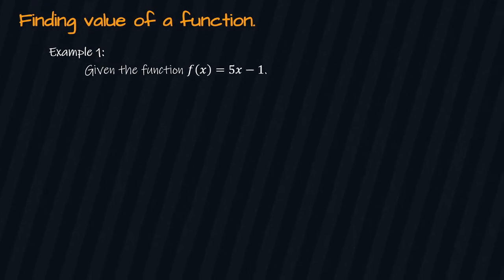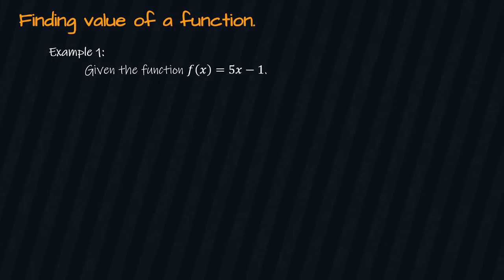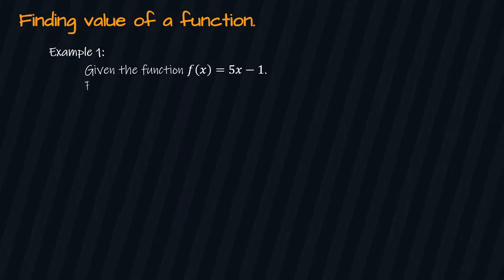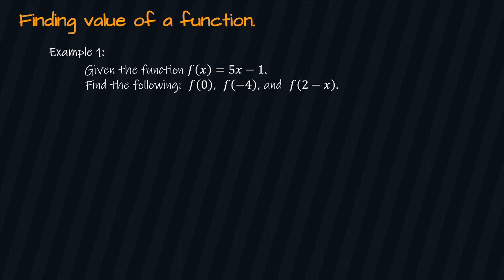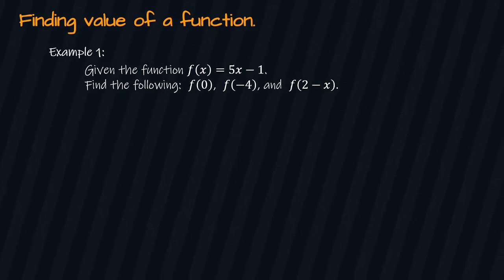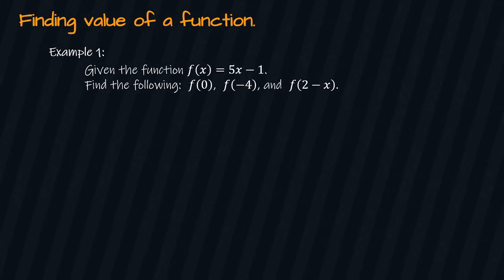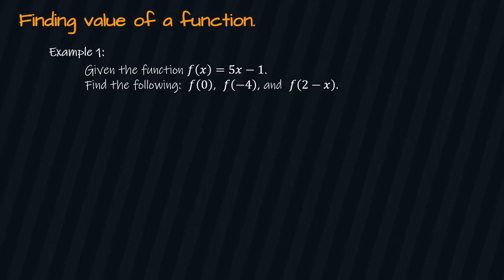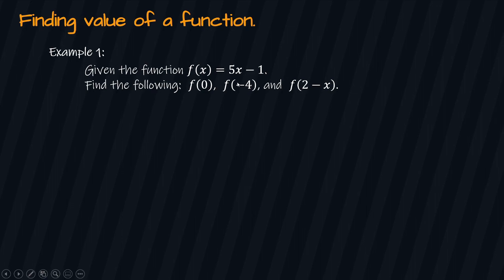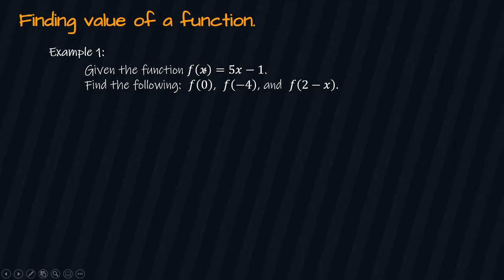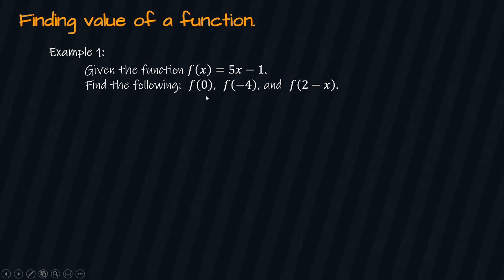We have the given function f(x) = 5x - 1. We are required to find the following: f(0), f(-4), and f(2 - x). As we know, we directly substitute the value of x depending on the given situation.